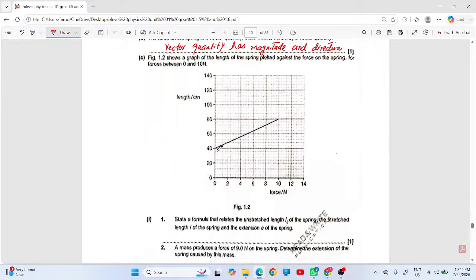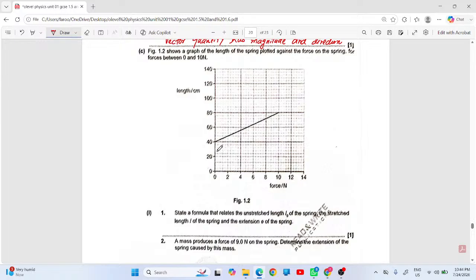Next is figure 1.2, which shows a graph of the spring, 10 newton and 10 newton. State a formula that relates the unstretched length of the spring, the stretched length L of the spring, and the extension of the spring.